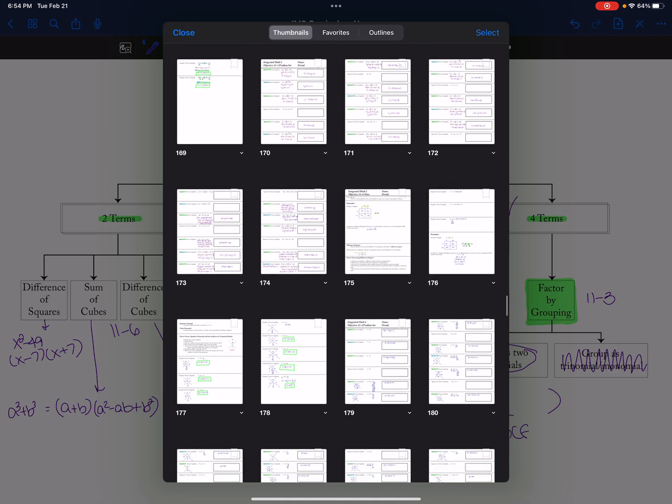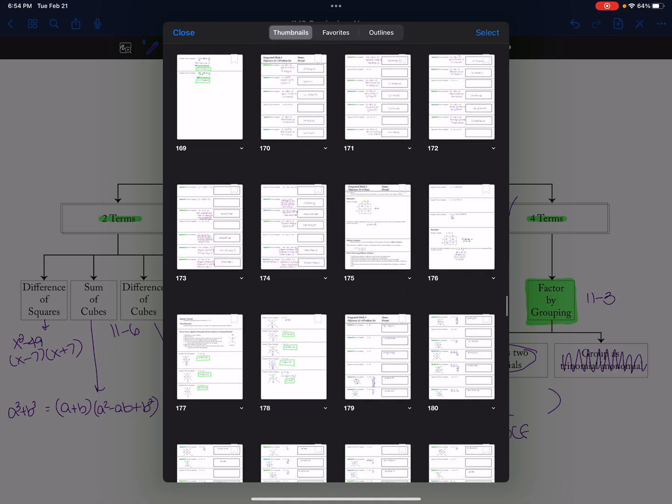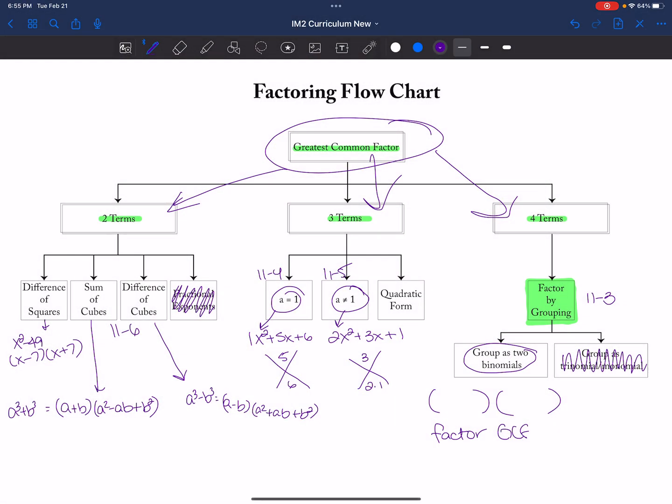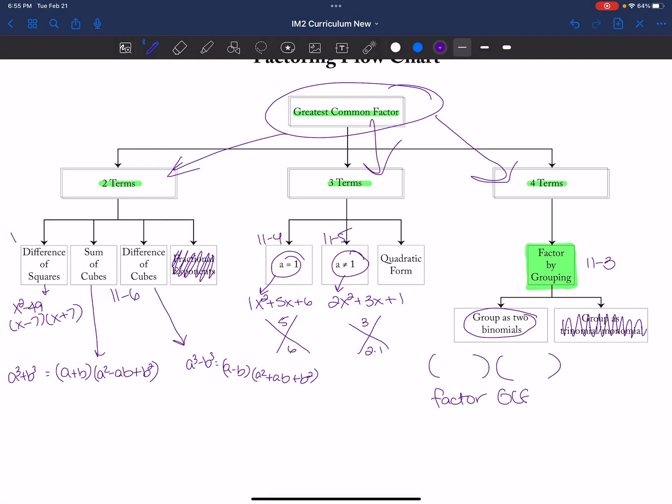So you can go back and look at those specific videos.